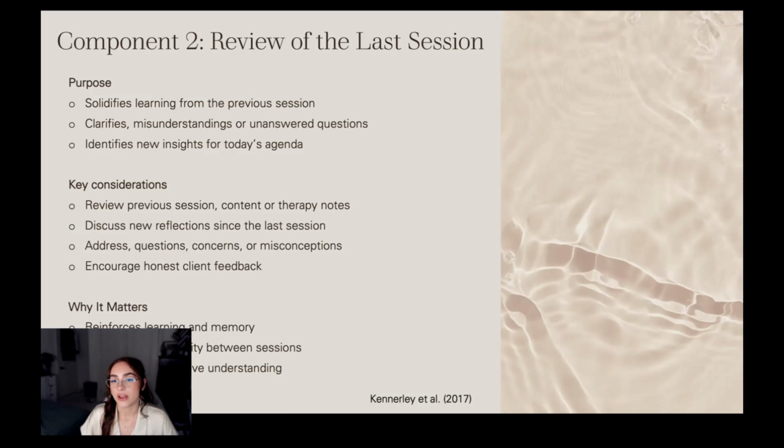Strategies can include reviewing therapy notes or listening to session recordings, which can help improve recall and reinforce learning between sessions. Overall, reviewing the previous session promotes continuity, strengthens collaboration, and helps ensure that therapy builds progressively from one session to the next, rather than treating each meeting as separate and isolated conversations.